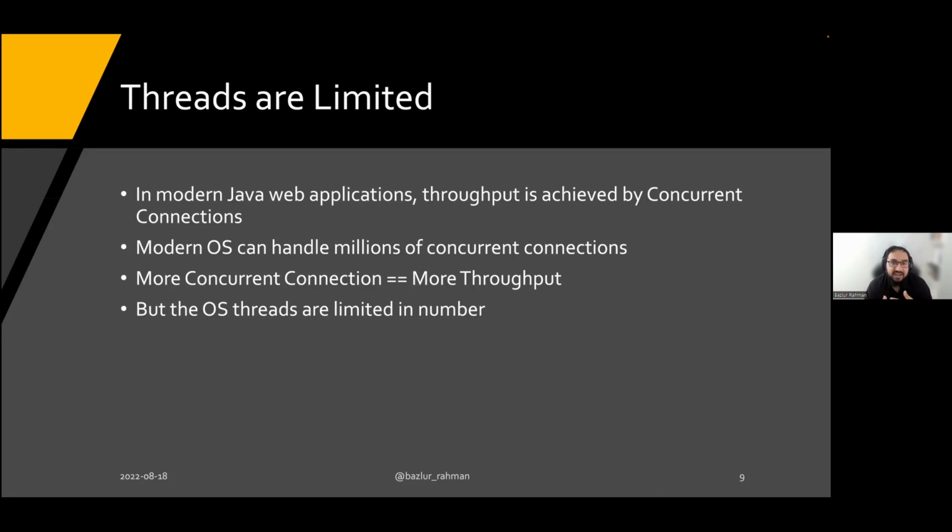But if your application is popular and a lot of users are going to come to your application, you need to scale up, right? You definitely want a lot of throughput. The more throughput you can achieve, the better the overall performance of the application is, right? And that's why we created too many applications.